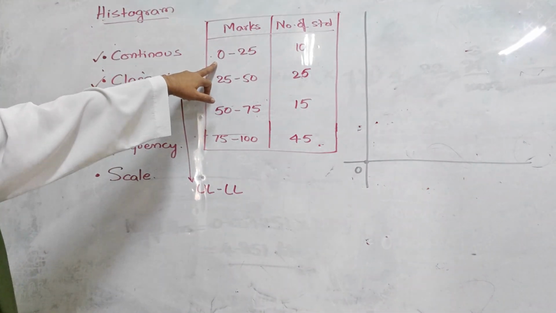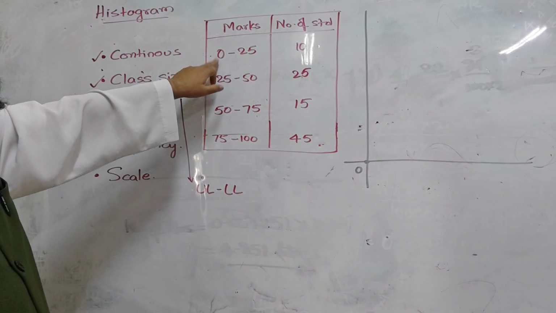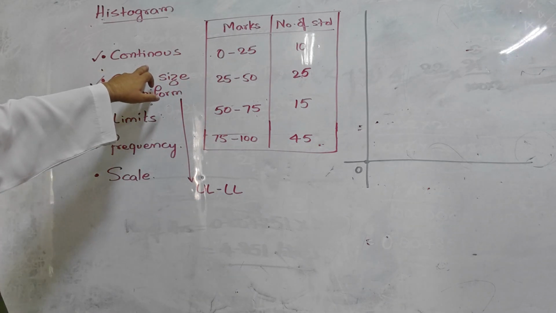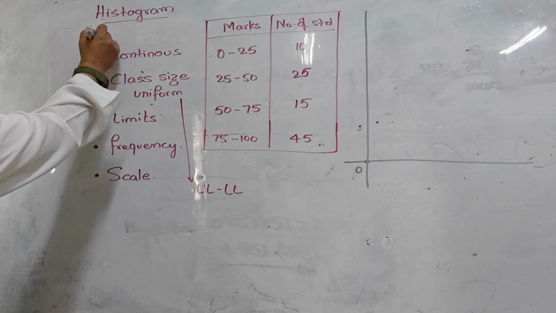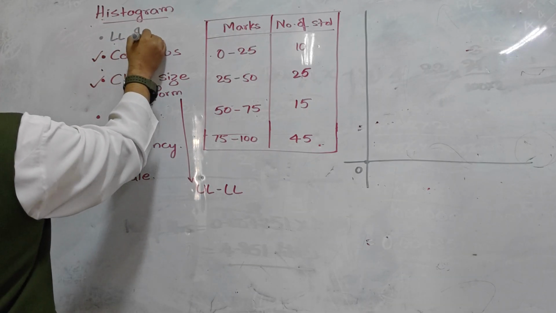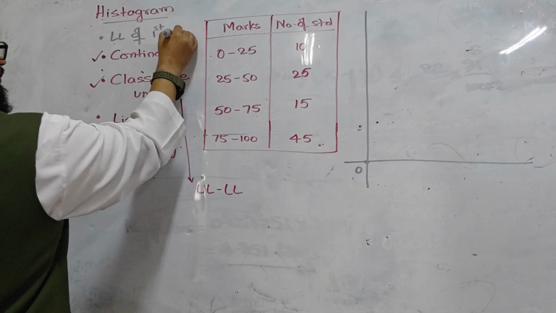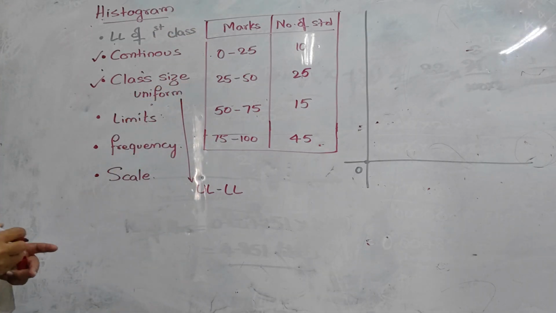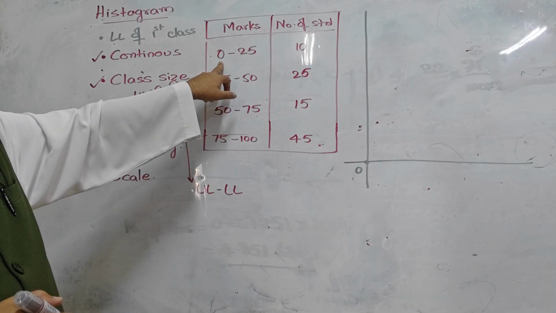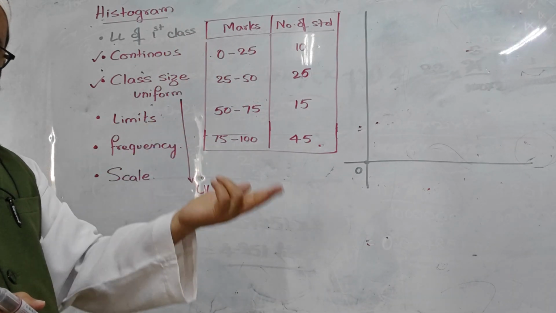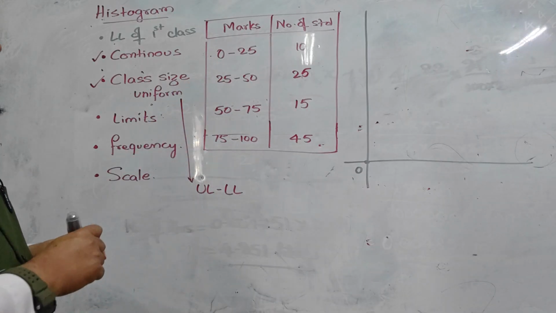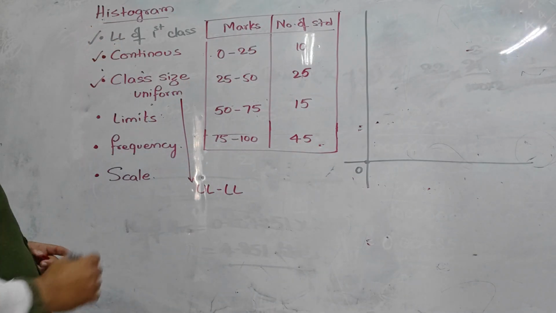So here one more thing: before the classes, you have to check the lower limit of the first class. See, the lower limit of the first class is 0. So I don't have any problem here. I'll explain in the next problem what to do. So here it is 0, so I don't have any problem.